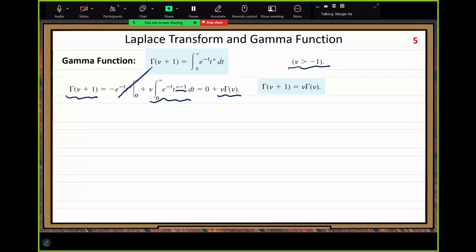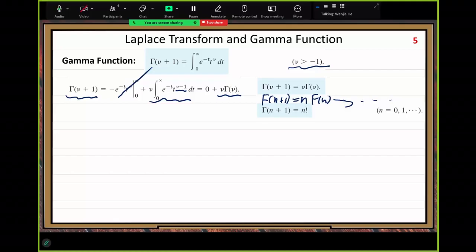For the factorial, we have f of n plus 1 equals n times f of n. That's the factorial recurrence relation. If we apply this recurrence relation all the way down, at the end you will get a factorial.